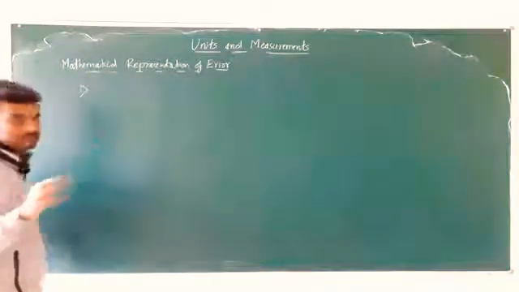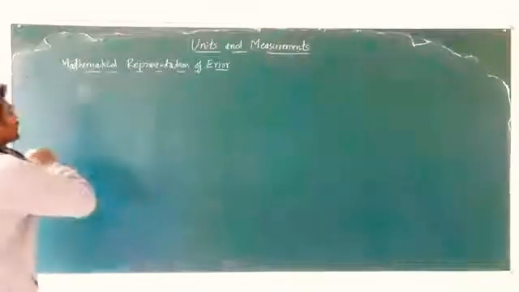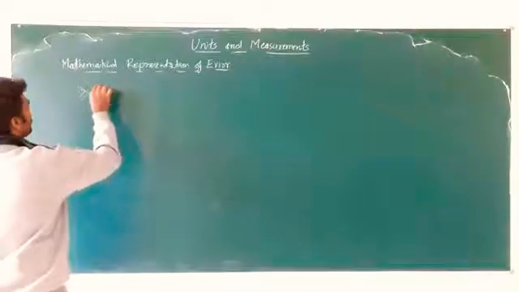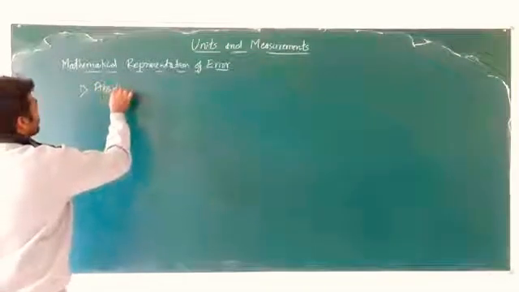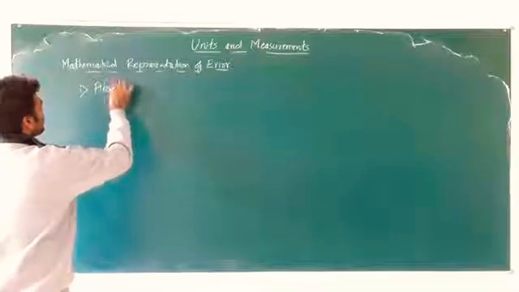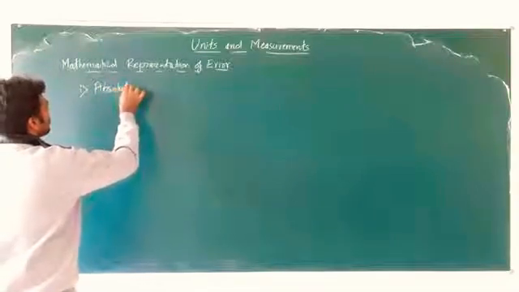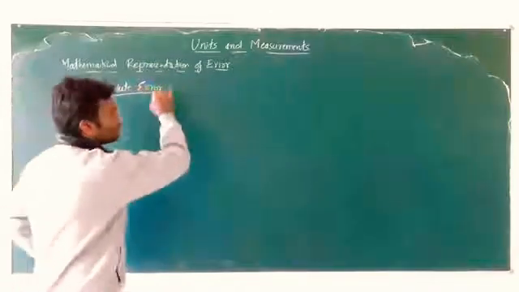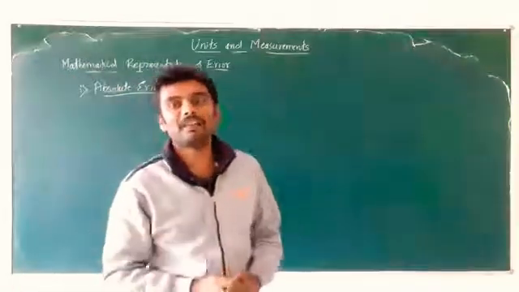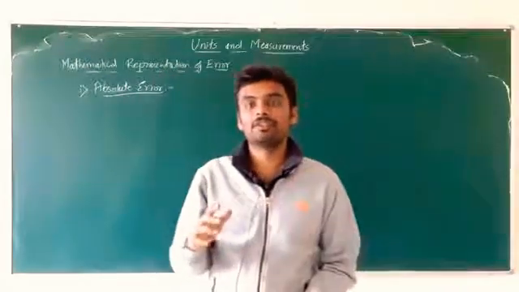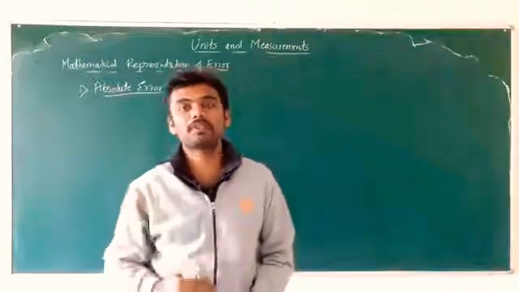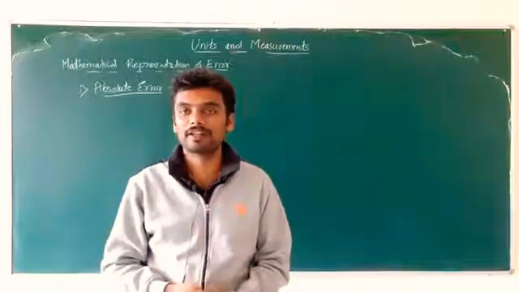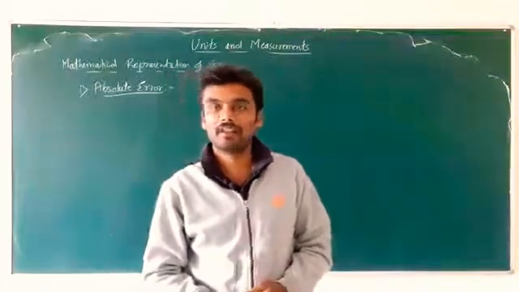The first way of expressing errors is absolute error. This absolute error is very easy. That's it, very simple. See, whatever measurement we do will have a standard value, which is also considered the true value of the measurement. We all know that, right? We have discussed it in the last class.